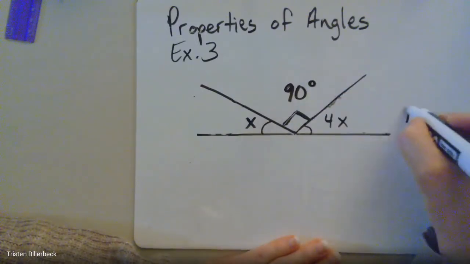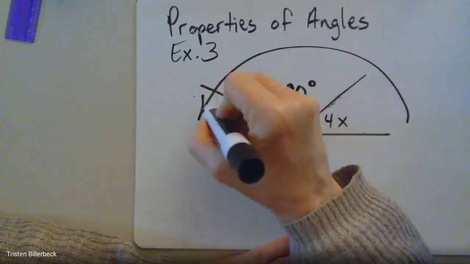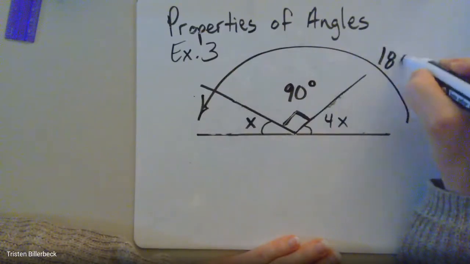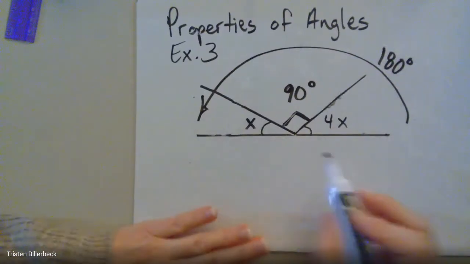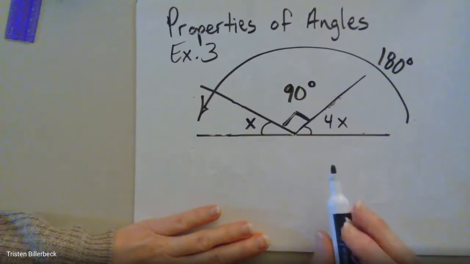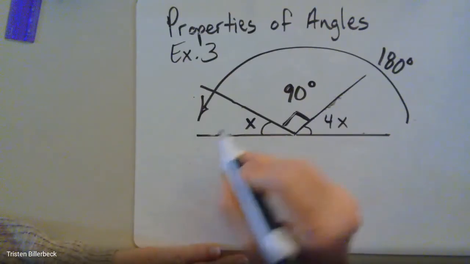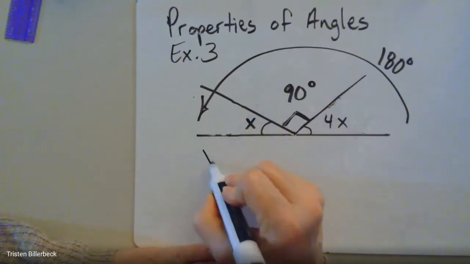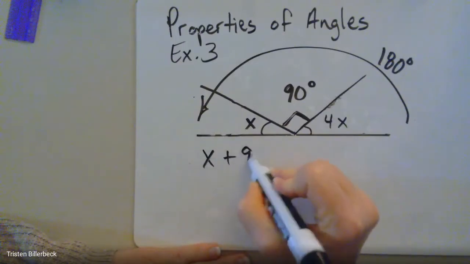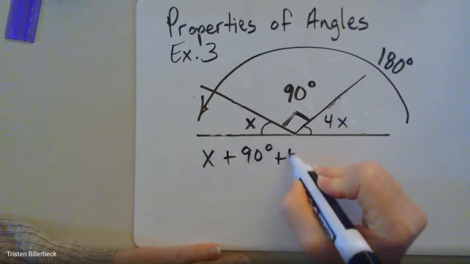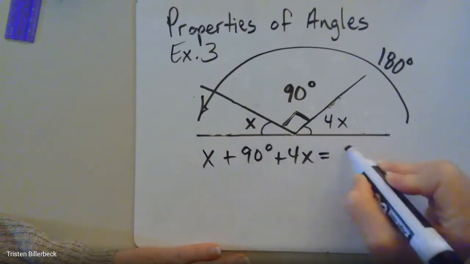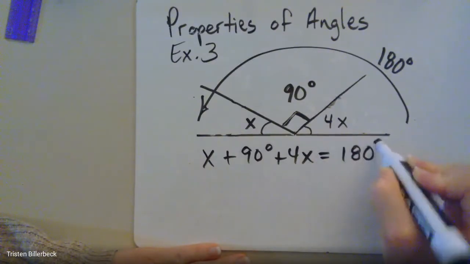Okay, we know that this is 180 degrees because it's a half turn, or a straight angle, or a straight line. So we just add up everything that we have. We have x plus 90 degrees plus 4x equals 180 degrees.